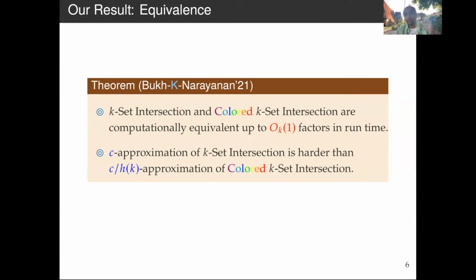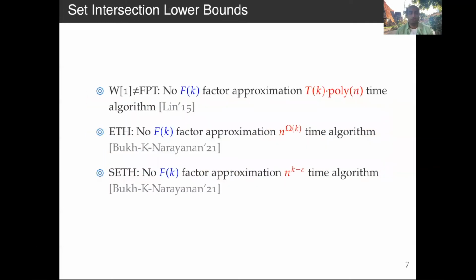So by setting C to be a much larger function depending only on k, we can rule out any f of k approximation algorithm.